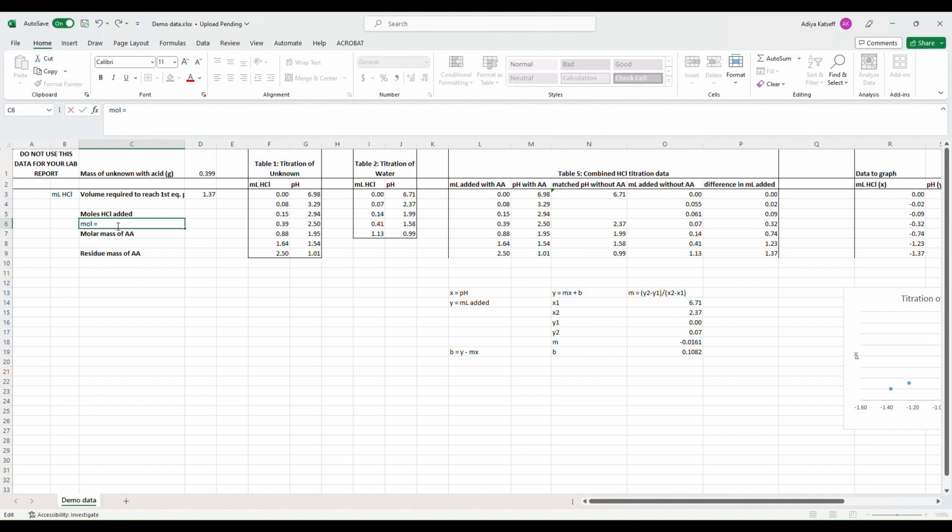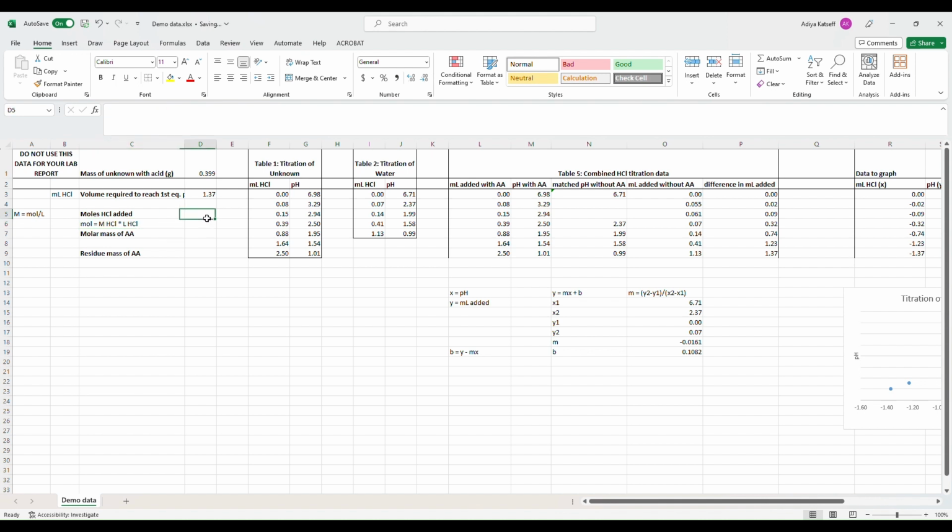So to figure out our moles, we need the molarity of our HCl, and then we can multiply that by the liters of HCl, because we know that molarity equals moles divided by liters. So if we were to multiply both sides of that by liters, we could solve for moles. So moles equals molarity times liters.